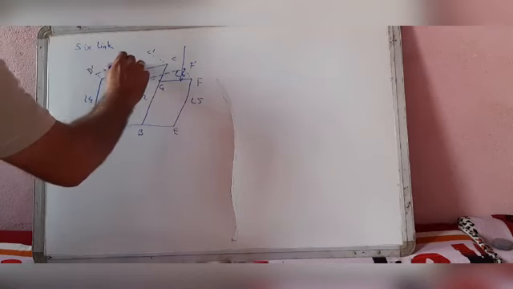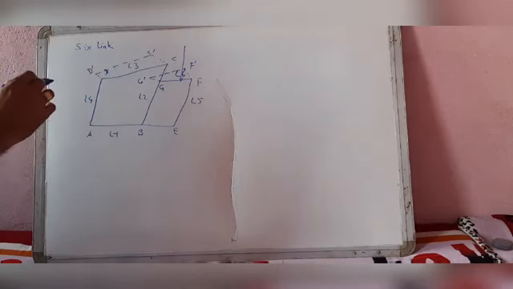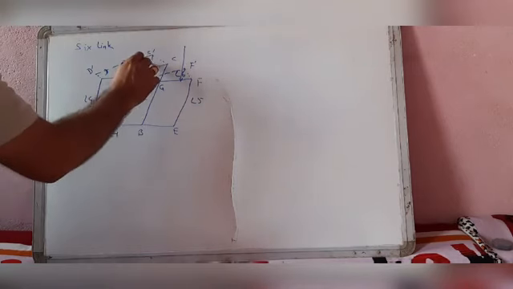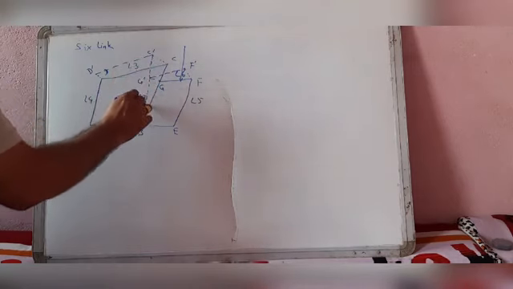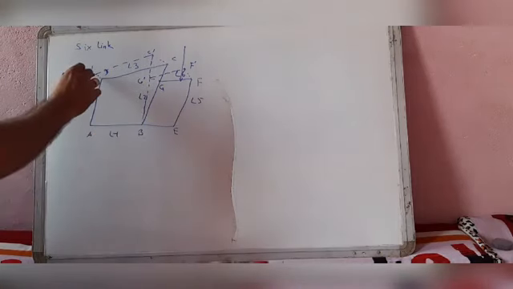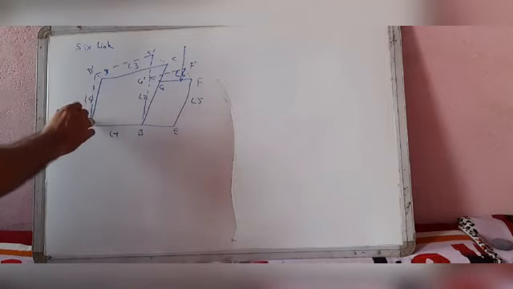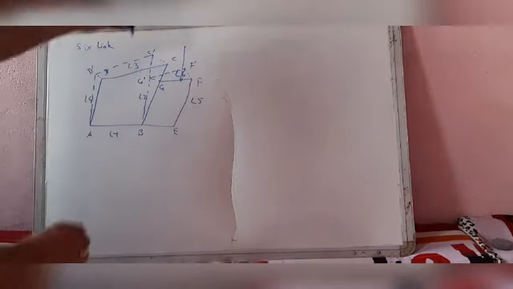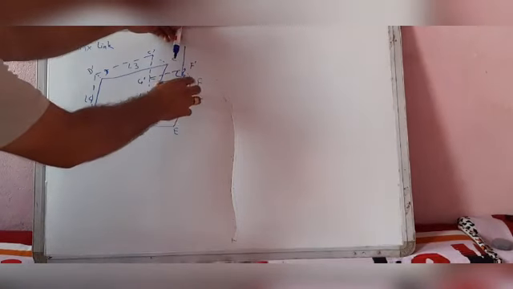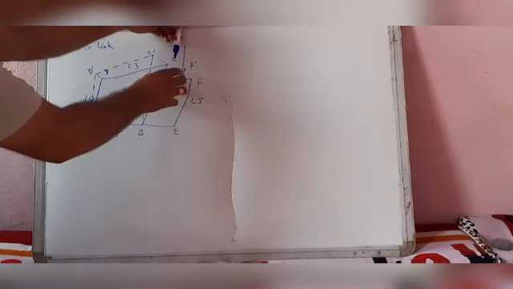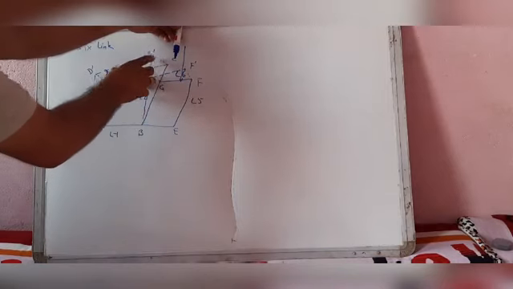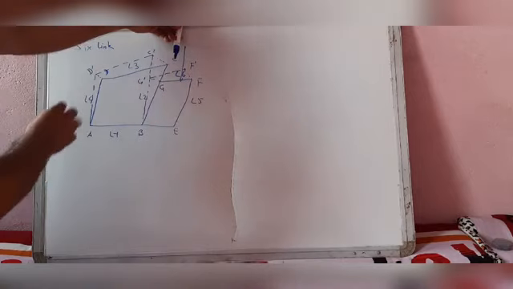This G dash is connected to A. Means, giving some load here at point F, it can shift to this position, so because of this load, C and D can also shift.